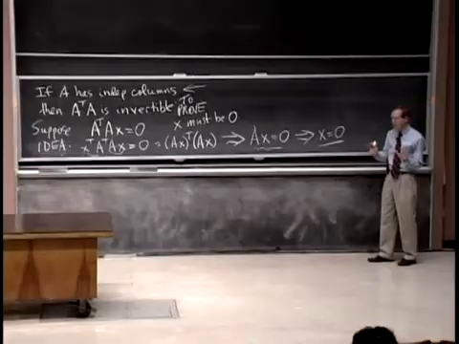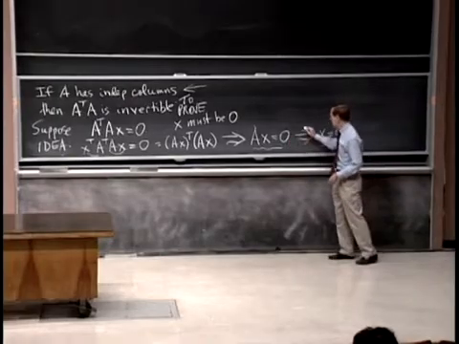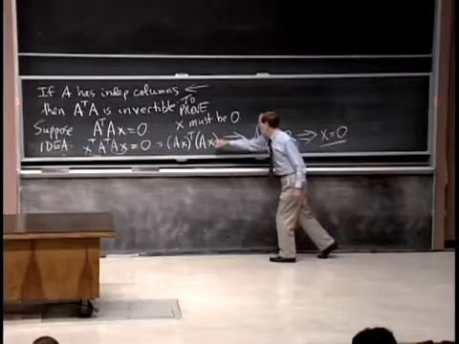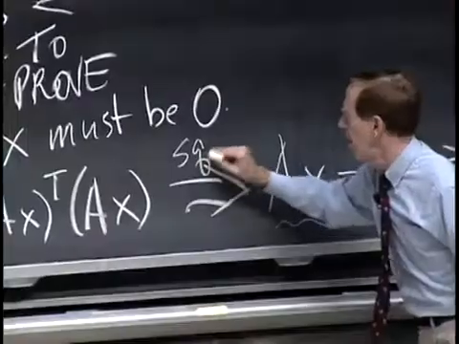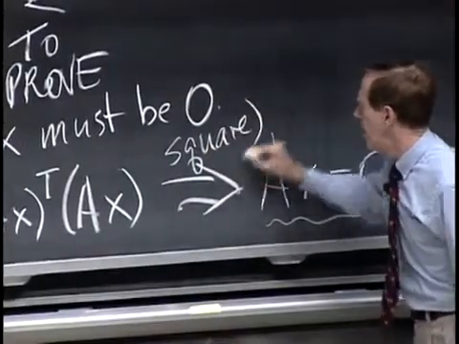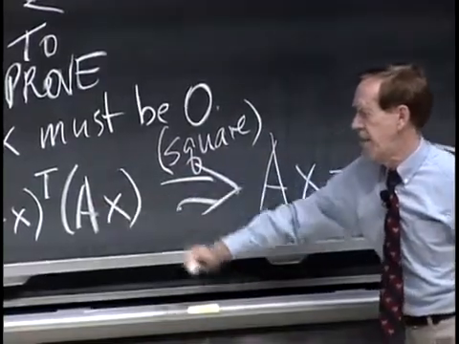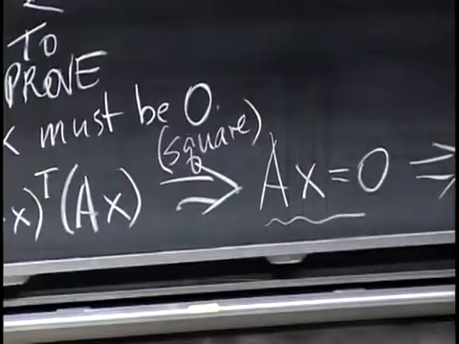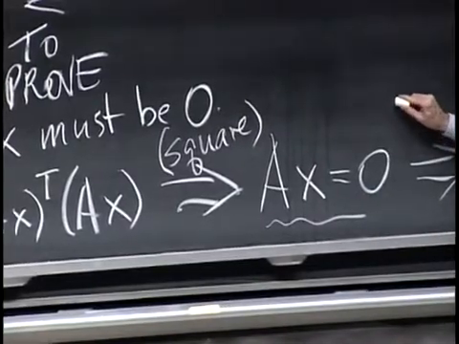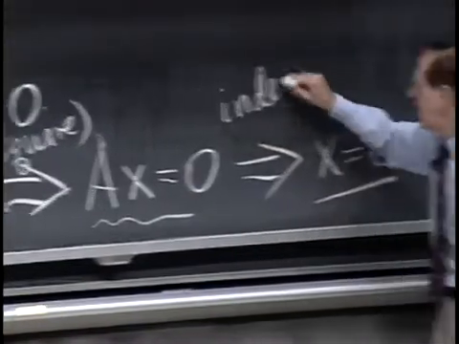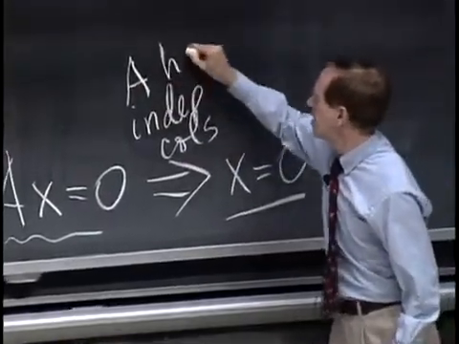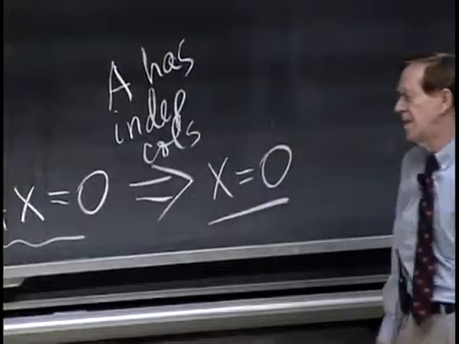Do you see why that is? If Ax equals 0, now we use, this was the square of something. So I'll put in little parentheses the observation we made. That was a square, which is 0, so the thing has to be 0. Now we're using the hypothesis that A has independent columns.